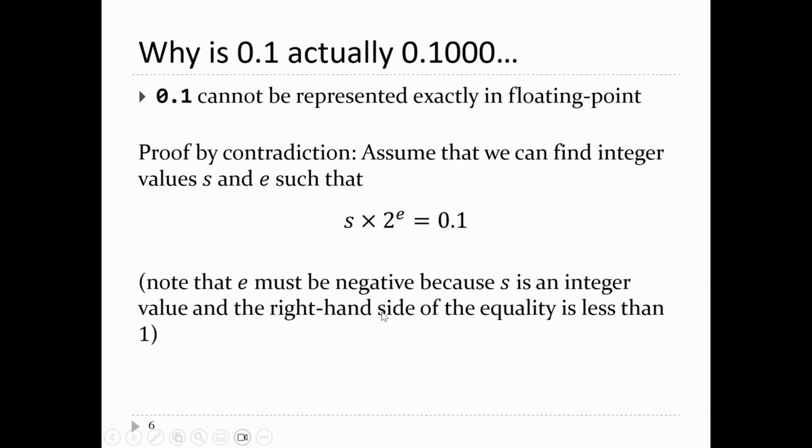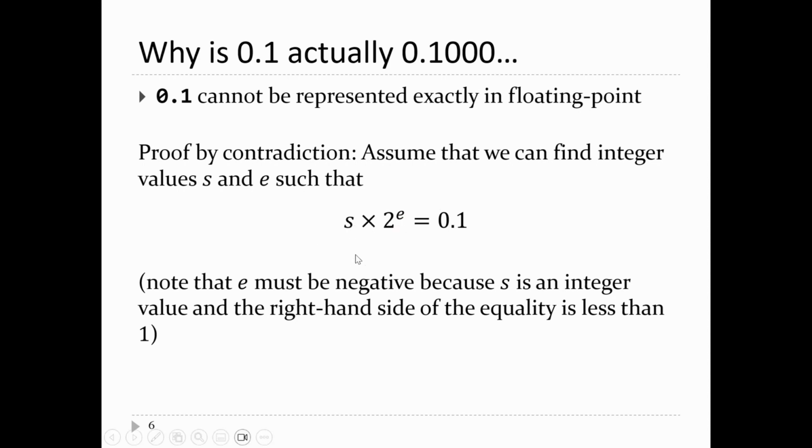And the proof is simple, it's by contradiction. If every floating point number has that representation, there must be some integer value s and some integer value e such that that equality is true. Now, the thing on the right-hand side is less than 1, so you know that e must be negative.